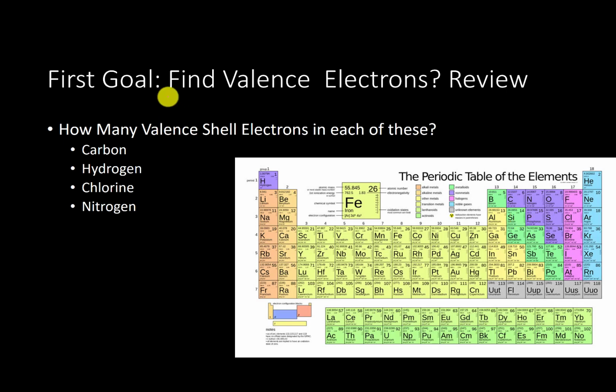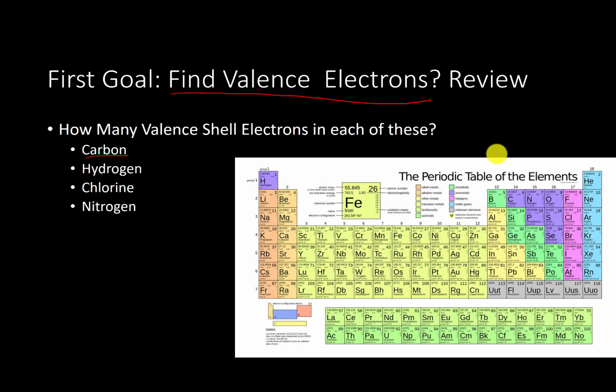First of all, the first key to this is we have to do a little bit of review. We're going to be finding the valence shell electrons for atoms. This is something that I think most of us already understand, so we're not going to take a long time on it. But first of all, let's look at carbon and just figure out how many valence shell electrons it has.